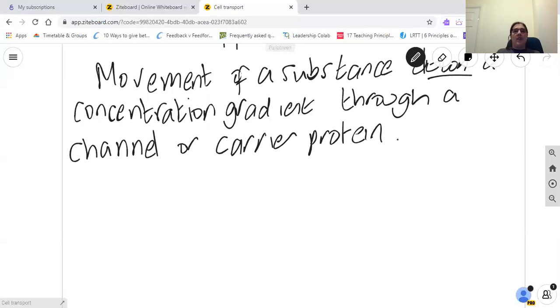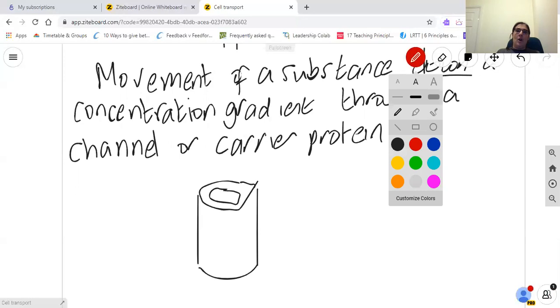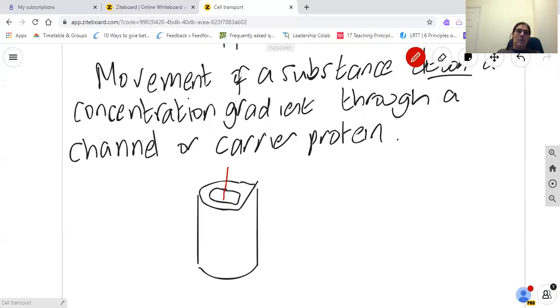So a channel protein is simply as it suggests. It's a protein which has a shape in the middle, like a tunnel, through which your molecule, your large or charged molecule, goes through. And it has to be the perfect fit. There'll be different channel proteins for different molecules. Think of it a little bit like a shape sorter, a child shape sorter. The right molecule will only fit through the right channel protein.